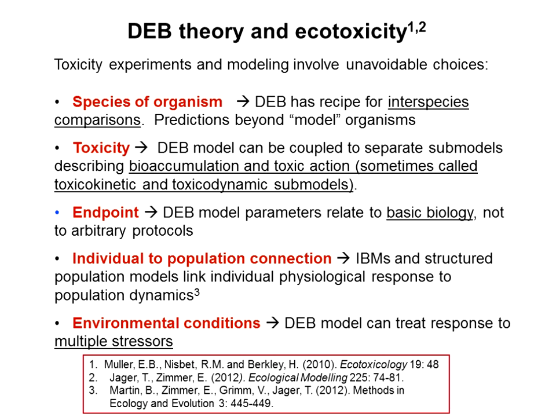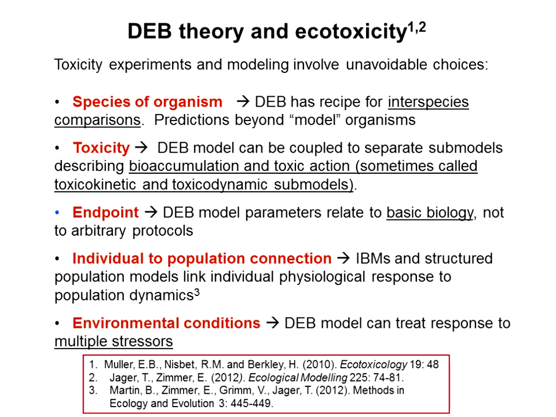And we can provide representations of toxic action. In a growing body of literature, these submodels of bioaccumulation and toxic action have come to be called toxicokinetic and toxicodynamic models. I think these terms derive from earlier terms, pharmacokinetic and pharmacodynamic, but they mean the same thing as bioaccumulation and toxic action.